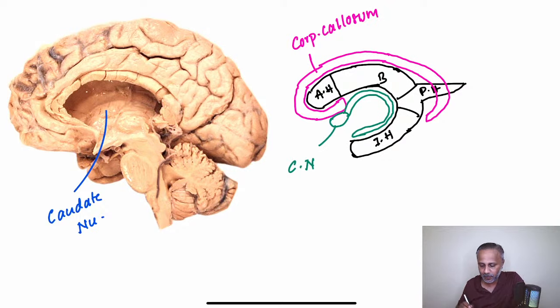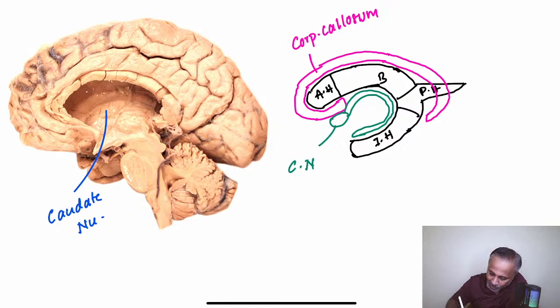If I ask you what structure forms the roof of the body of the lateral ventricle, what will be your answer? It is the body of the corpus callosum. If my question is what structure forms the floor of the body of the lateral ventricle, then your answer is the body of the caudate nucleus.